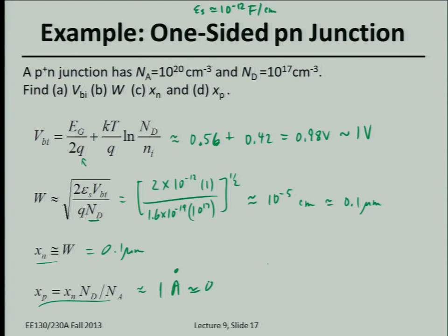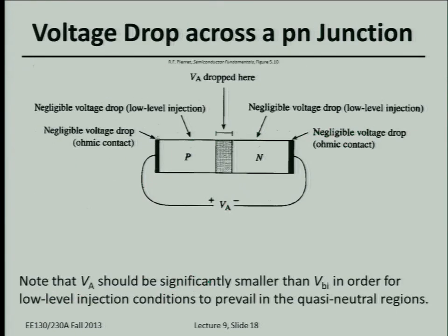Very good. Okay, so next time we'll talk about deriving the current versus voltage equation, but just qualitatively, we're assuming ohmic contacts to the P side and the N side, far away from the junction. If you apply a voltage, current is going to flow.